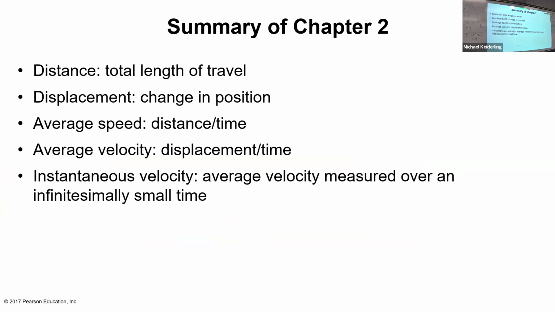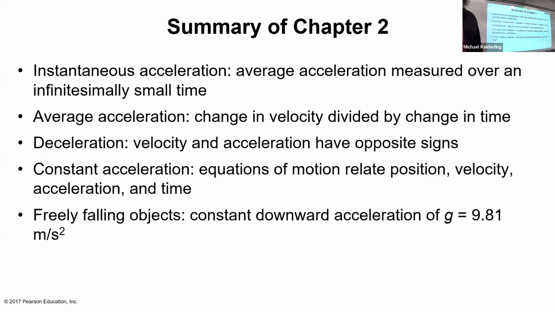So just a summary of chapter 2. Distance is the total length traveled. Displacement is change in position. Average speed is distance over time. Average velocity is displacement over time. Instantaneous velocity is average velocity measured over an infinitesimally small time. Instantaneous acceleration is average acceleration measured over an infinitesimally small time. Average acceleration is change in velocity divided by change in time.